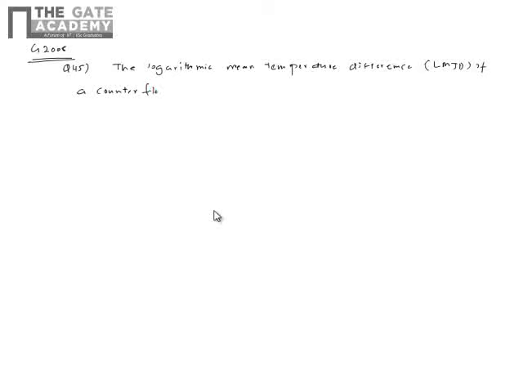Let's discuss GATE 2008 question 45. The logarithmic mean temperature difference, that is the LMTD, of a counter flow heat exchanger is 20 degrees Celsius.